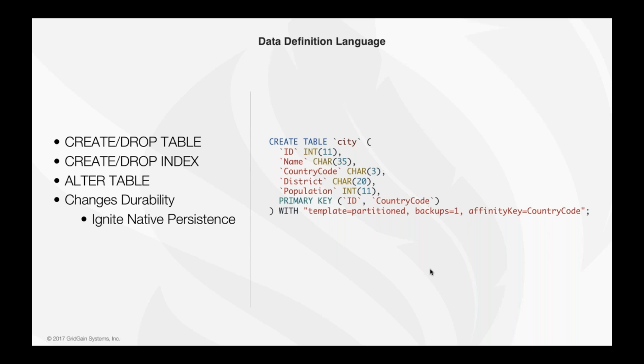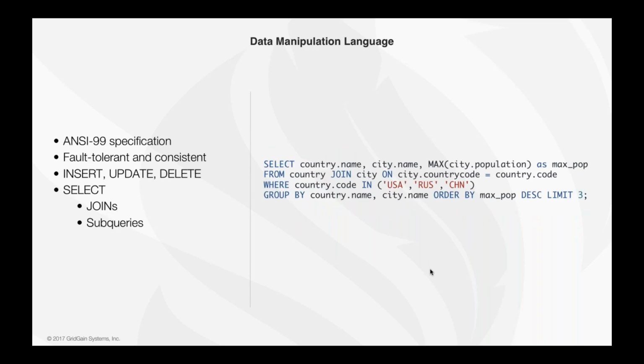And affinity key equals country code. We may have an additional table that we want to store with this particular table, this idea of co-location, very useful. Store the data together, that makes sense. Then you can do joins across that locally without having to do a lot of shuffling or moving of data across your distributed environment.